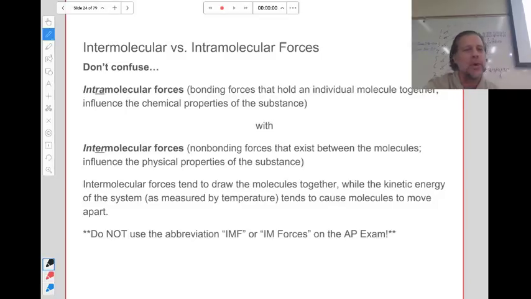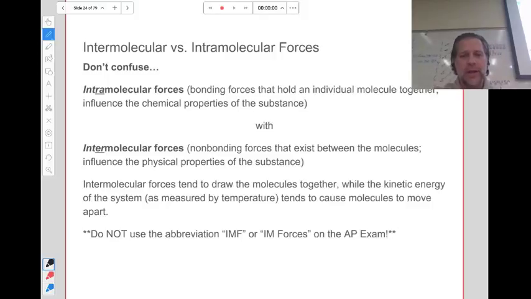All right, so anyway, we have intermolecular forces versus intramolecular forces. We learned about that stuff last year. Intramolecular forces are the bonding forces that hold individual molecules together. So your nonpolar covalent bond, your polar covalent bond, your ionic bond, metallic bonds, those are intramolecular. Whereas intermolecular forces are the things that hold molecules together.